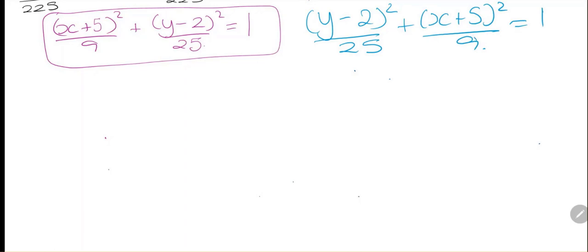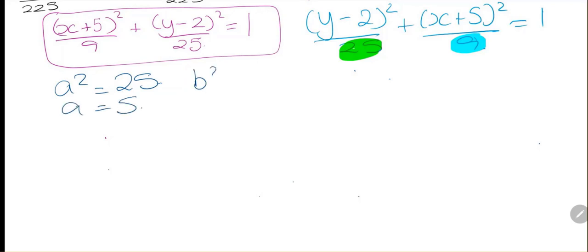So we can see that a squared is 25 and b squared is 9. So we'll make a note of that. So a squared is 25, so a is 5. B squared is 9, so b is 3.